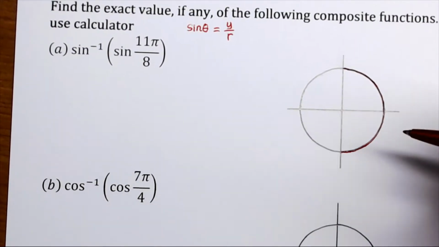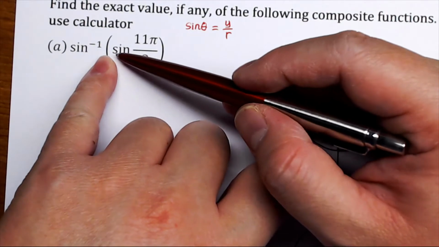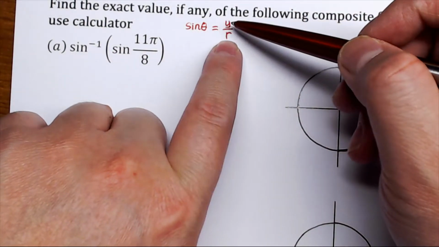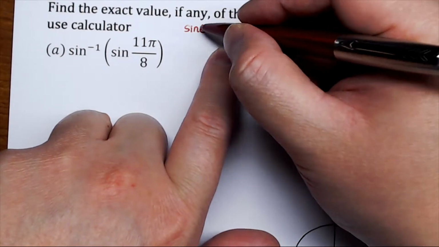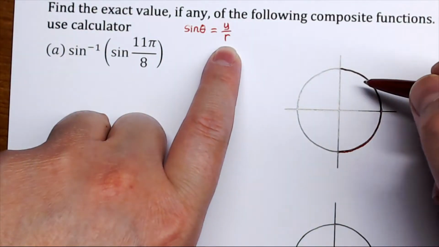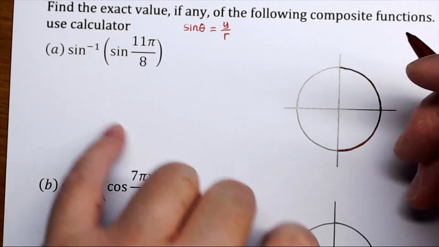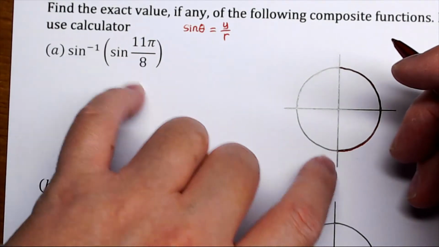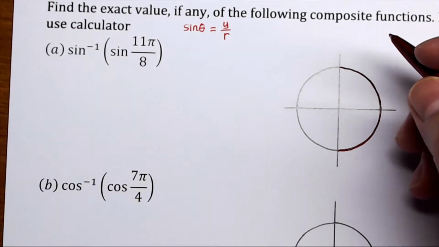Cosine is negative. Cosine is x over r, and it is negative. We know that we will let r always be positive, and because of that, x must be negative. Because the ratio is negative, one of them is negative and the other one is positive. So x is negative here.